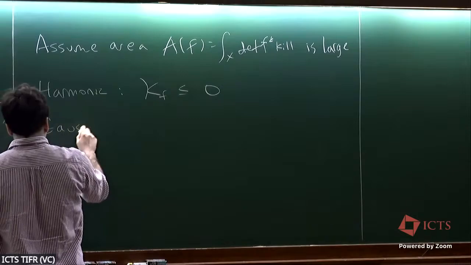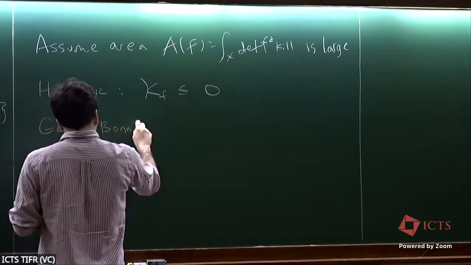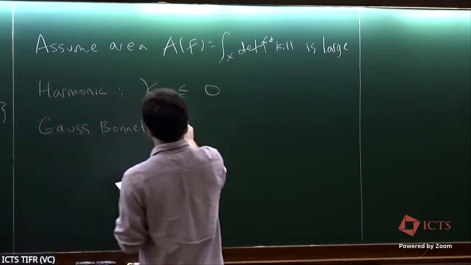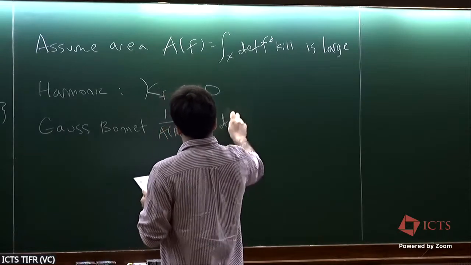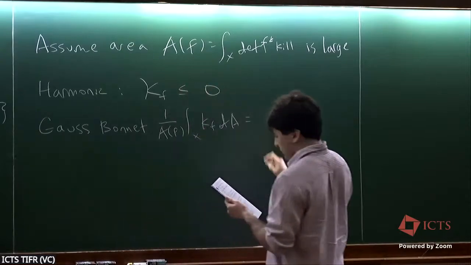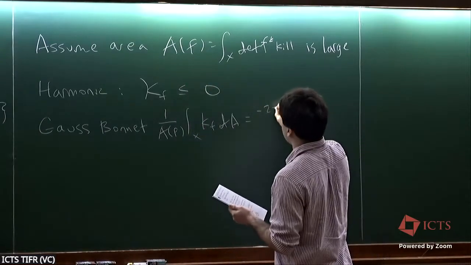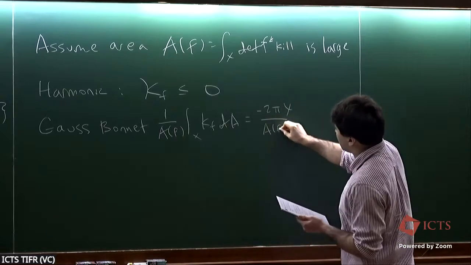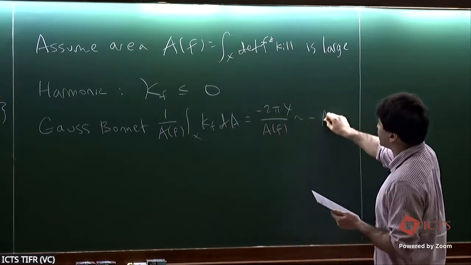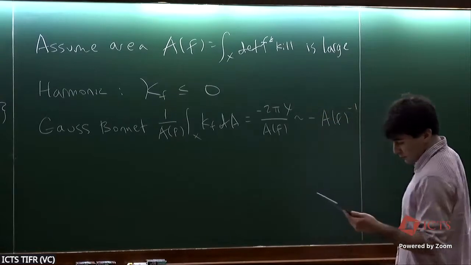And then we apply Gauss-Bonnet, and this tells us that the average Gauss curvature is just minus 2 pi times the Euler characteristic over the area. And for a large area, this behaves like minus the area to the minus 1.